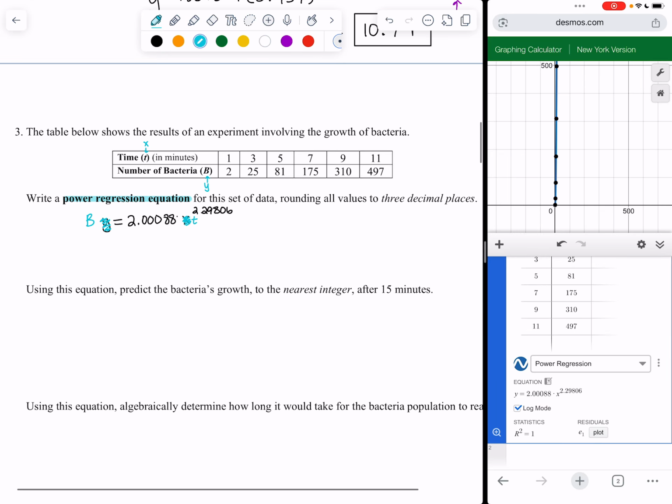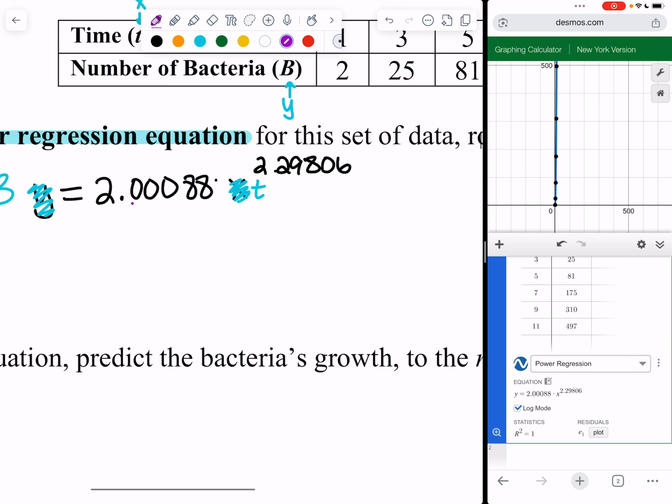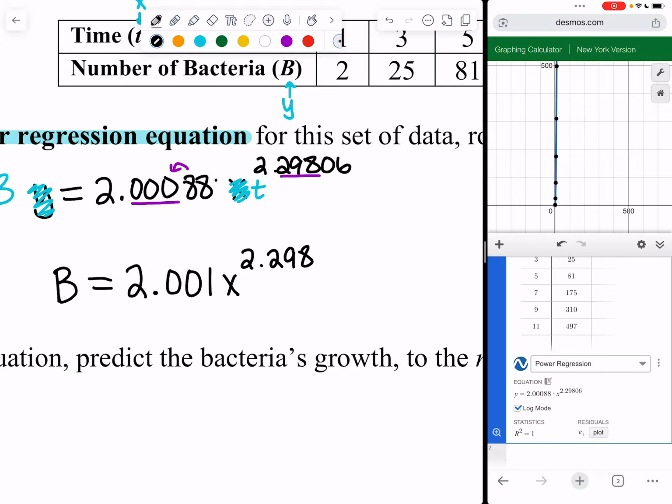And then I also need to make sure I'm rounding correctly. So rounding to 3 decimal places. That means 1, 2, 3. This will round up the 0. 1, 2, 3. This won't round anything. So my final equation should be b is equal to 2.001 times t to the 2.298.